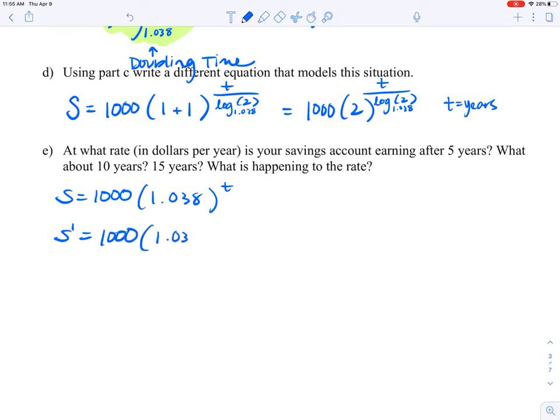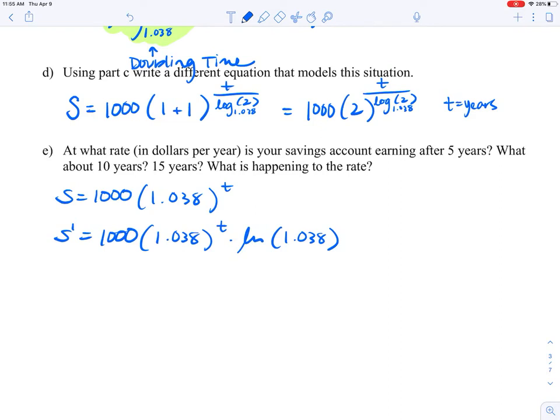So S prime will be 1,000 times 1.038 to the t power times natural log of 1.038. Remember, the derivative of a to the x power is a to the x times natural log of a.